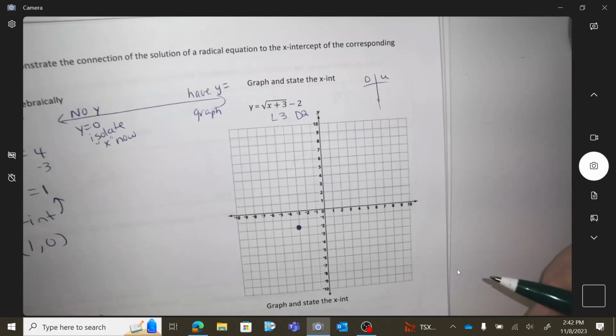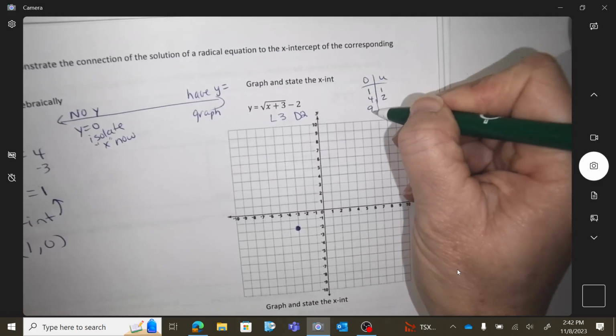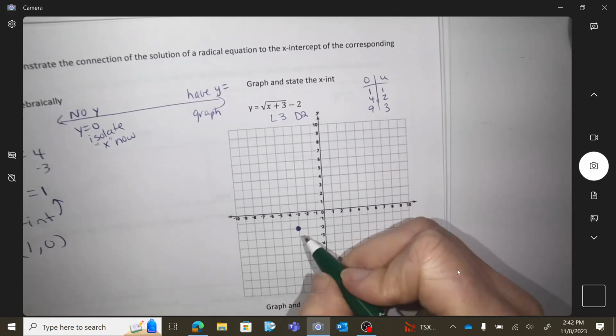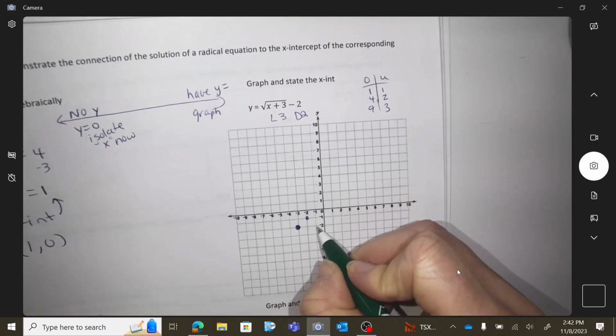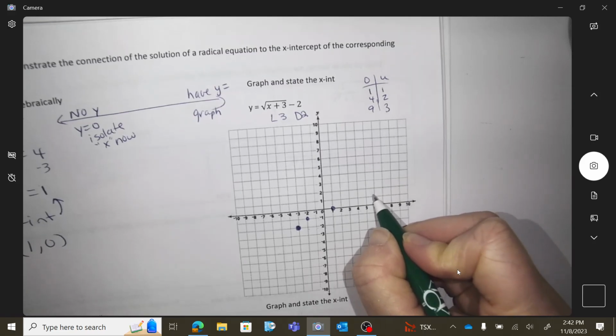What kind of moves do you want to make over, up? 1, 1, 4, 2, 9, 3.